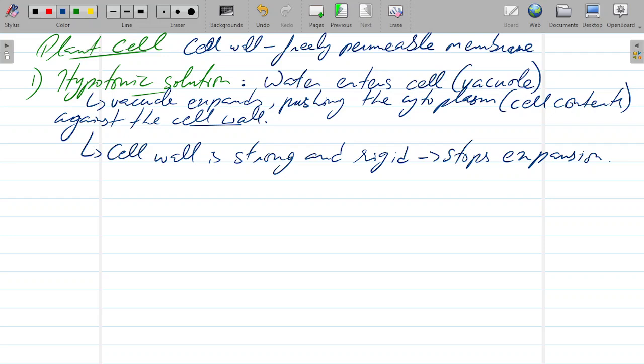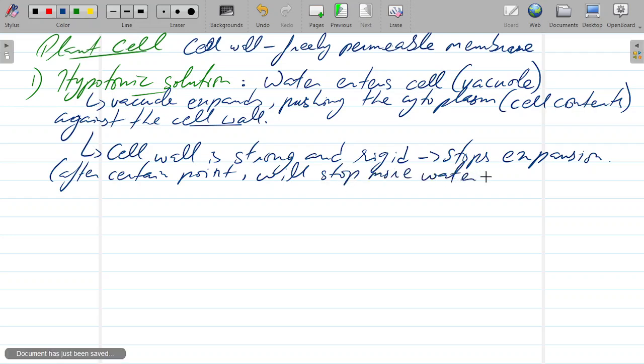So if it's stopping the expansion, which basically means it is stopping after a certain point, it will stop more water from entering. Why? Because it's not expanding, it's not allowing more volume or more space for the water to come in, right?